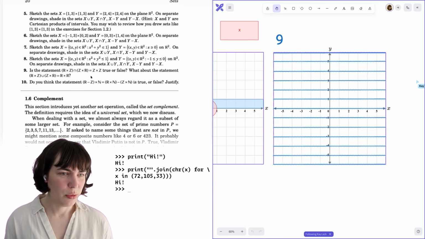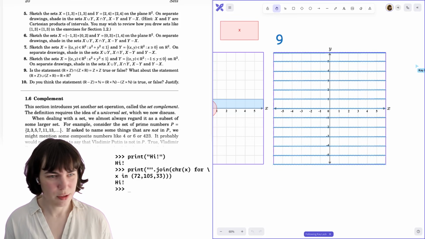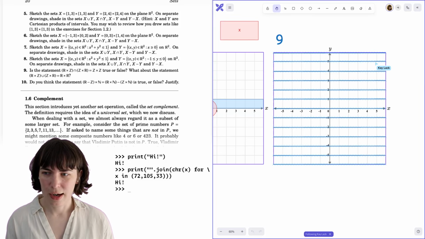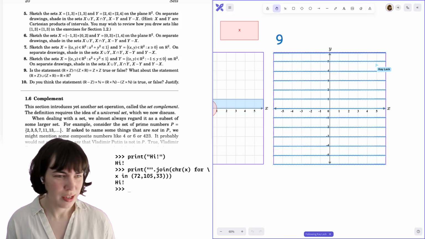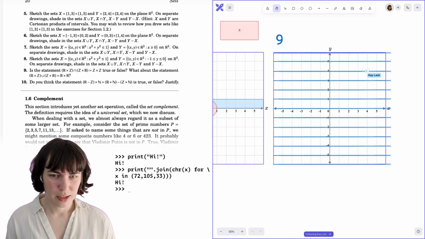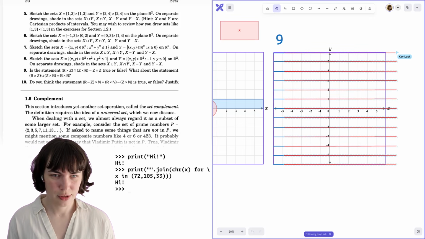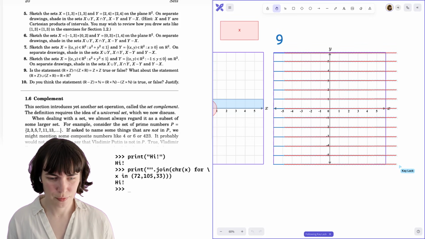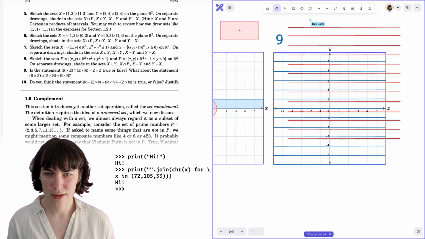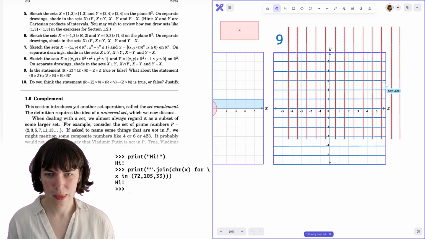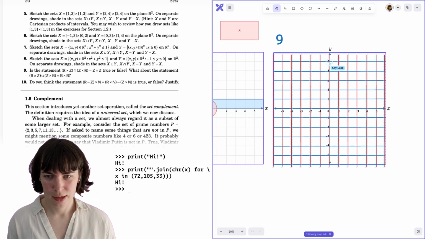All right, so this is R times Z. Now, this is the text by Richard Hammack. If we were then to switch this, okay, we can't rotate it. Oh no, we can. If we were to do that, we would get this.